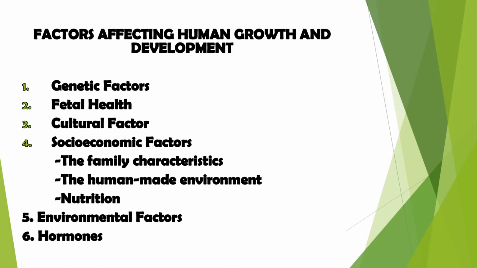So in other words, genetic factors strongly influence many aspects of the physical appearance of humans such as height, weight, body structure, the color of the eyes, the texture of the hair, and even intelligence and aptitude skills. Number two factor is the fetal health.